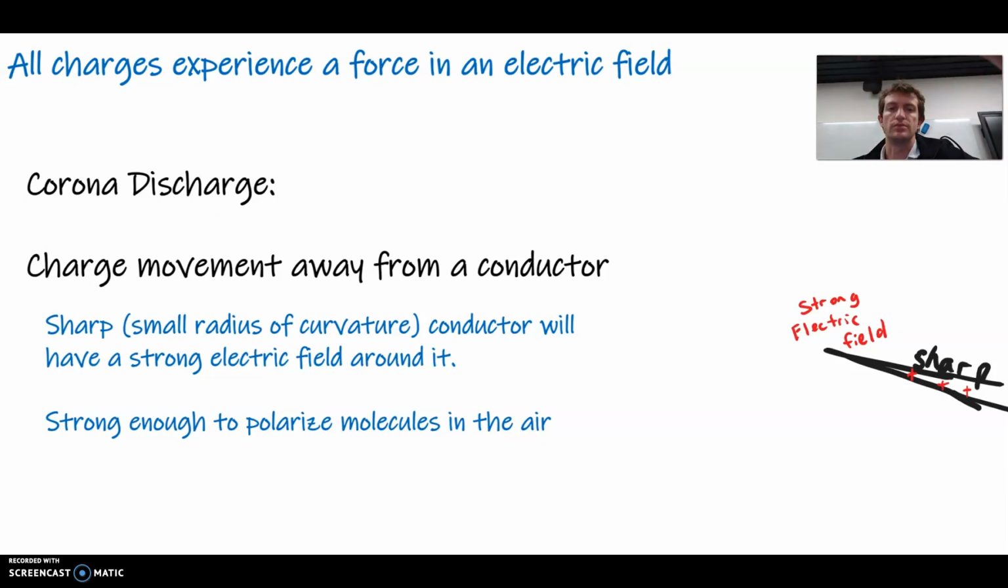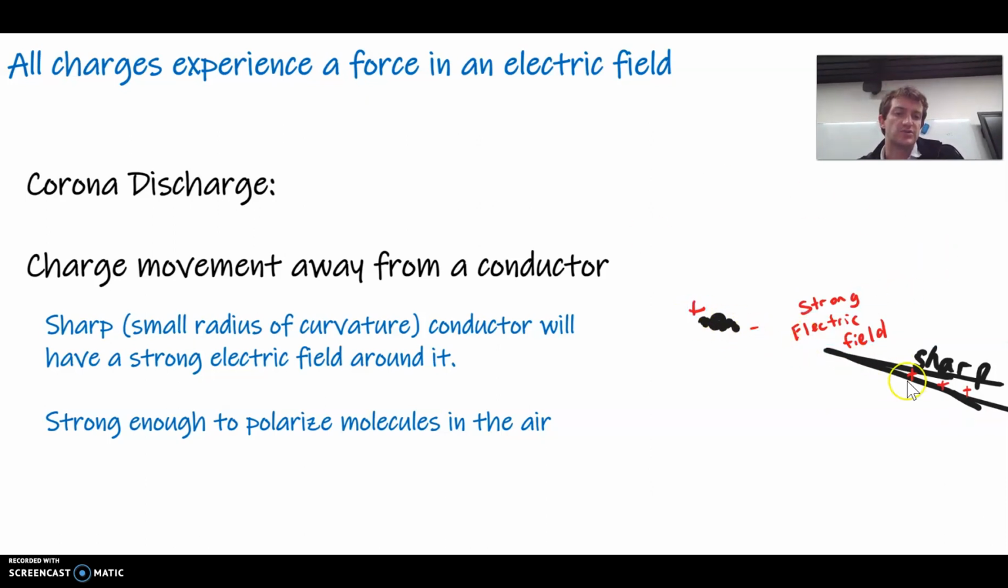You chemistry people will know that if I've got a particle here, which could be carbon dioxide or water vapor or some kind of molecule, that means it's going to have a slightly positive end and a slightly negative end. There we go, like that.